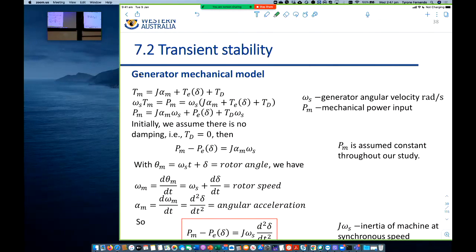And for angular acceleration you need to differentiate once more. Omega s is a constant, so that disappears, so d squared delta dt squared is the angular acceleration.